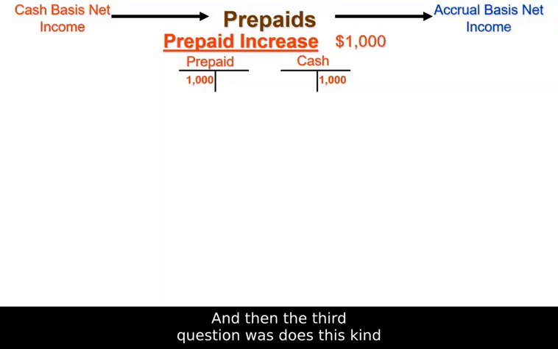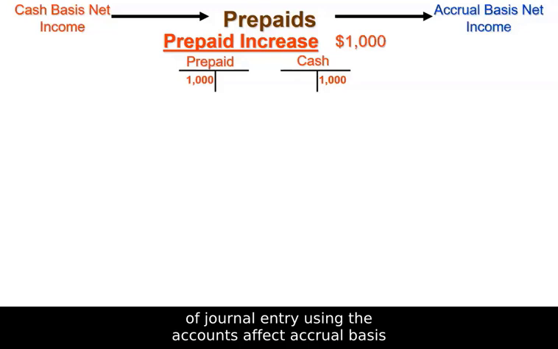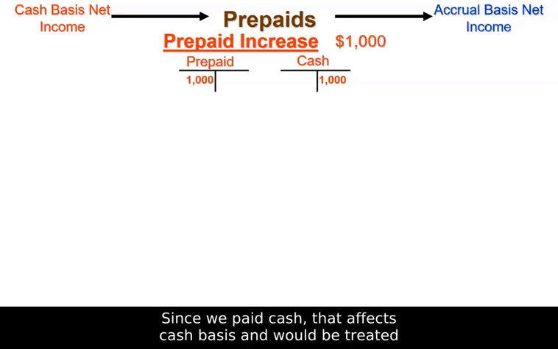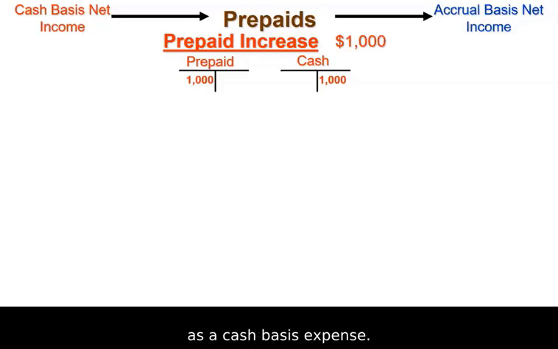And then the third question was, does this kind of journal entry using T accounts affect accrual basis or cash basis? Well, the answer is very obvious. Since we paid cash, that affects cash basis and would be treated as a cash basis expense.